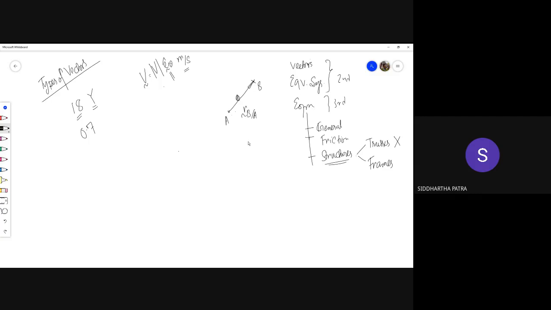Okay. And a unit vector along AB, and this one has a unit of, let's say, meter. So the unit vector along AB is the position vector divided by its magnitude. Now, if I were to represent the velocity of the particle, that would be the speed, which is the magnitude of the velocity, times this unit vector.